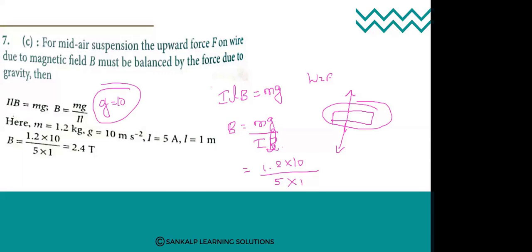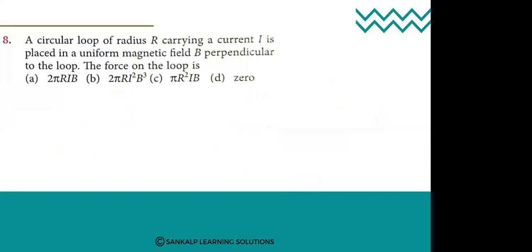So moving towards the next question. See, a circular loop of radius R carrying a current I is placed in a uniform magnetic field B perpendicular to the loop. The force on the loop is, so what happens to the force on the loop?